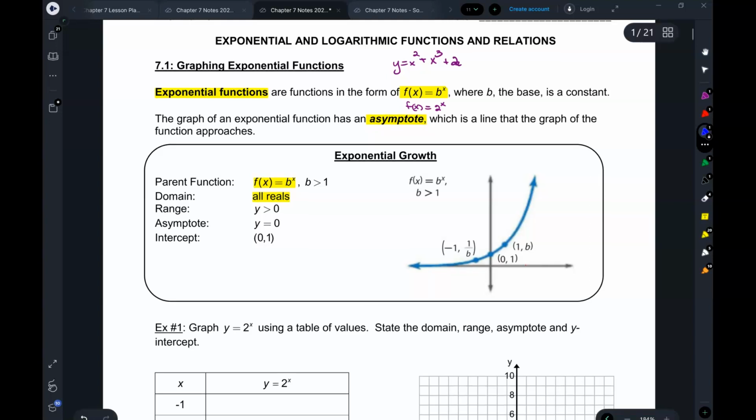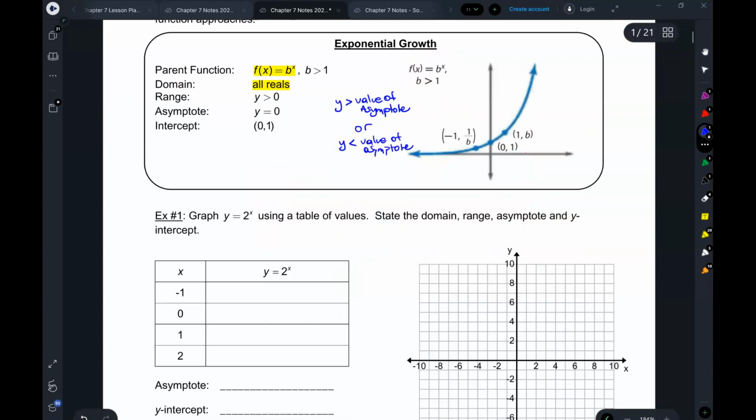So generally, it's going to be y is greater than whatever the value of the asymptote is, or it can be y is less than the value of the asymptote. Okay? All right. So how are we going to graph these then?